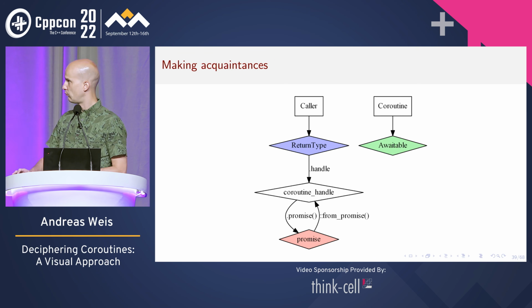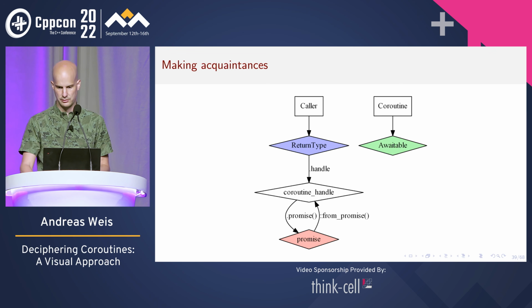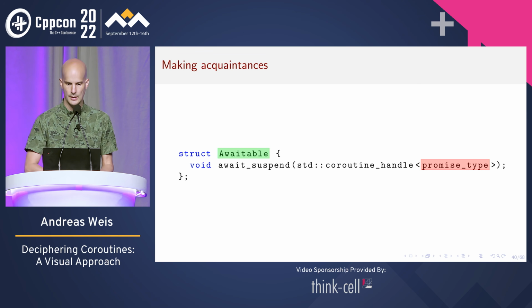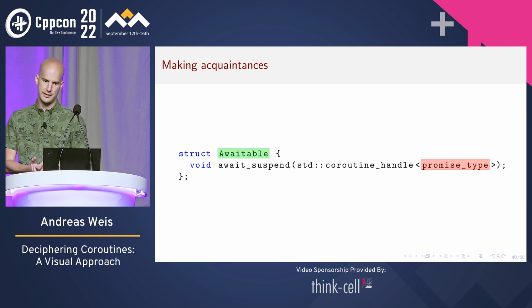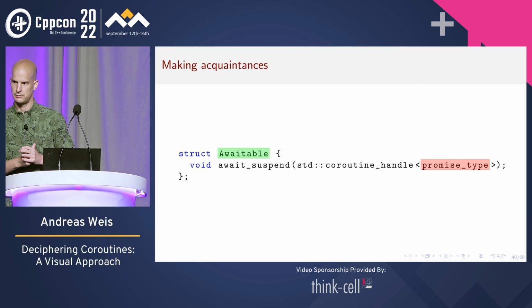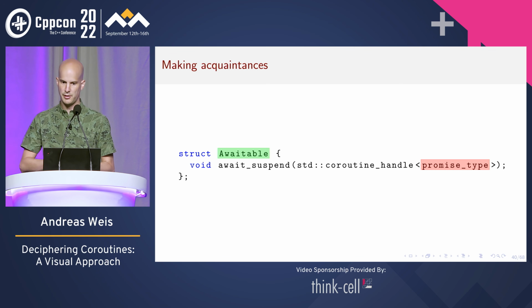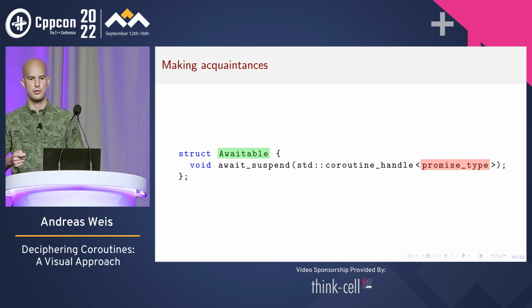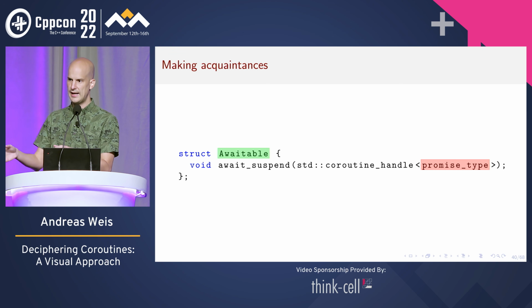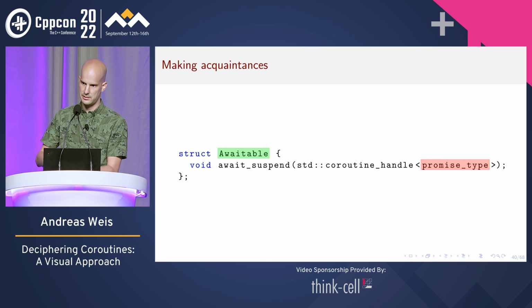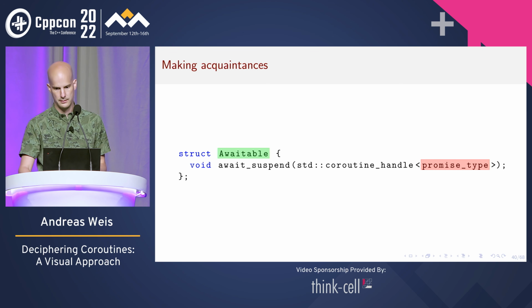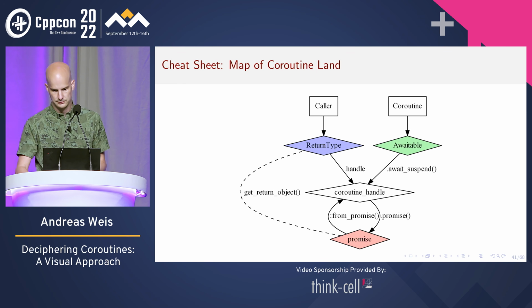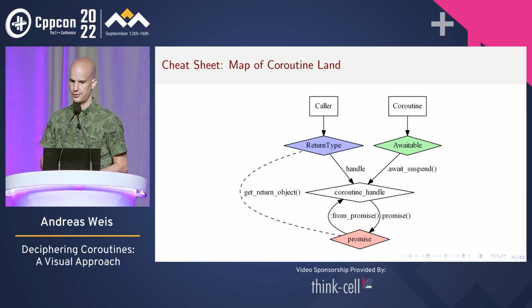So now we already have quite good connections here. How does the awaitable now come into play? And here the key is the await_suspend function. Because as you might remember from before, the await_suspend function takes as an argument to the call the coroutine handle to the coroutine that is about to be suspended. And that's the connection here.